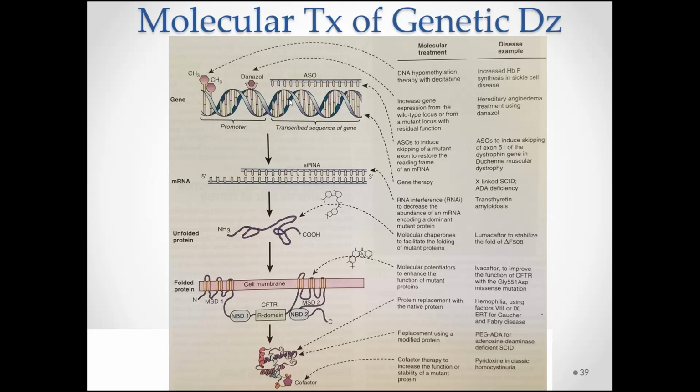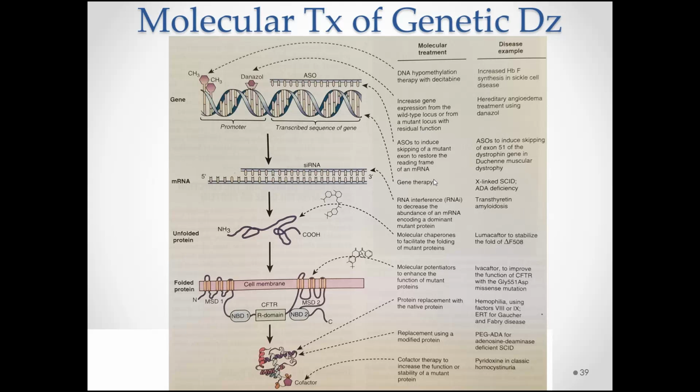One of the challenges with these antisense oligonucleotides and even these short interfering RNAs is figuring out how to actually get them into the cell. These are of interest, but the complexity is leading people to look more at gene modification using techniques like CRISPR.